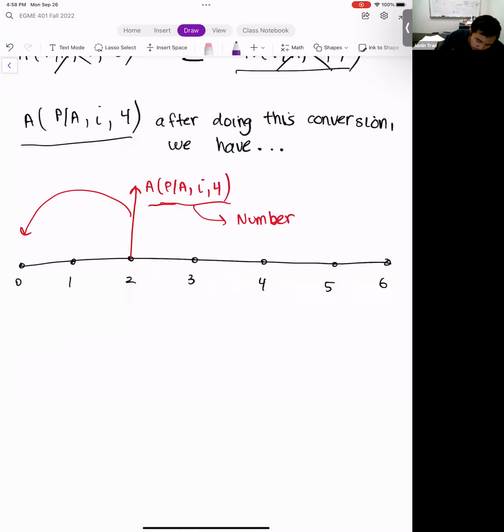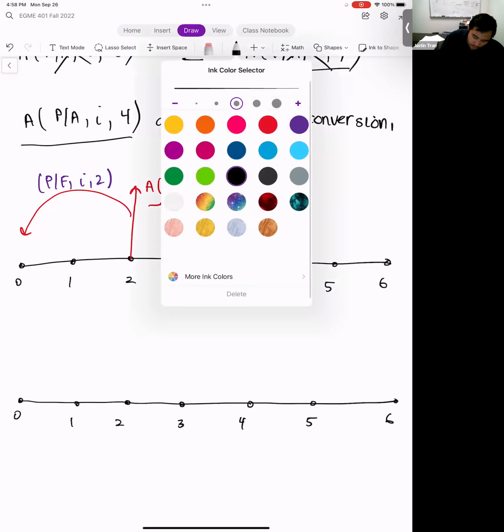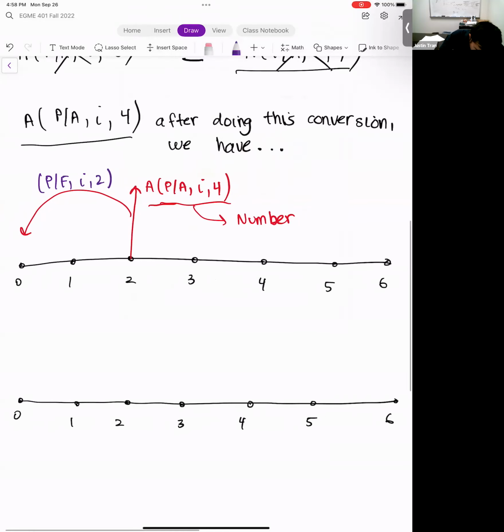To perform this conversion, we multiply it by P over F, i, and 2, okay? And so that transforms our cash flow diagram into a single lump sum here on year 0, okay?